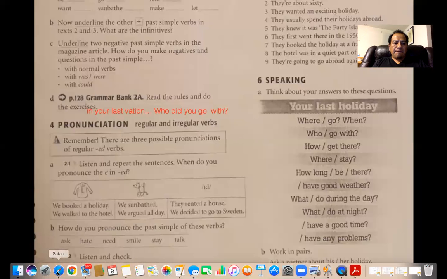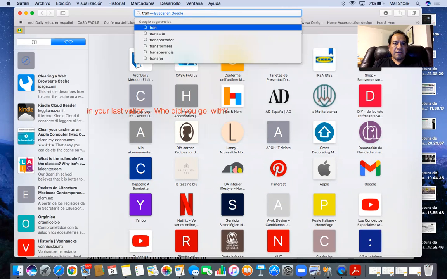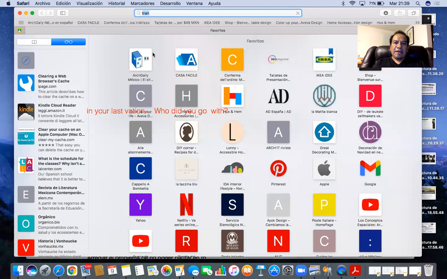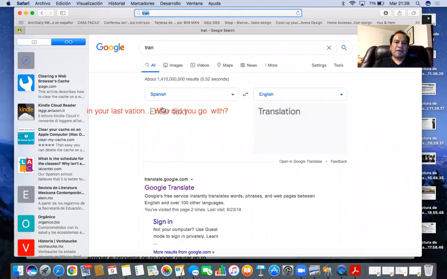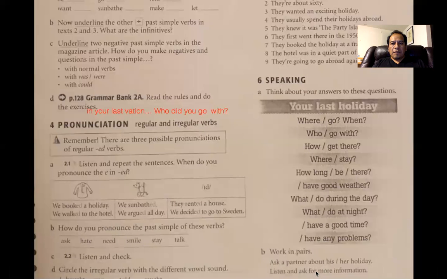But make sure that the question is understood so that they can actually answer, right? So if we go like this, ¿Con quién fuiste? you could do this probably. Or ask them to do that, or probably just read and try to pronounce it yourself, but making sure that they will understand all these questions.